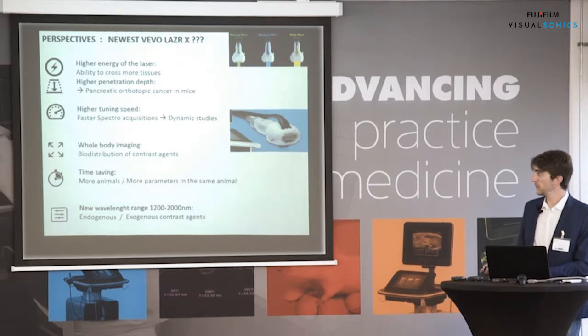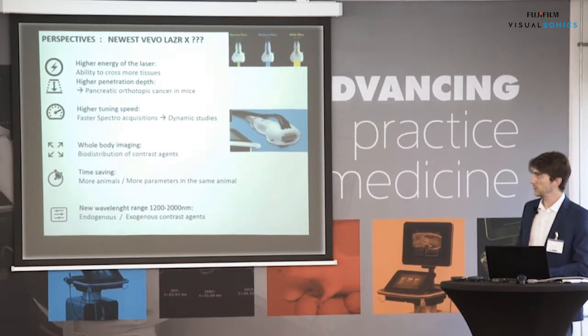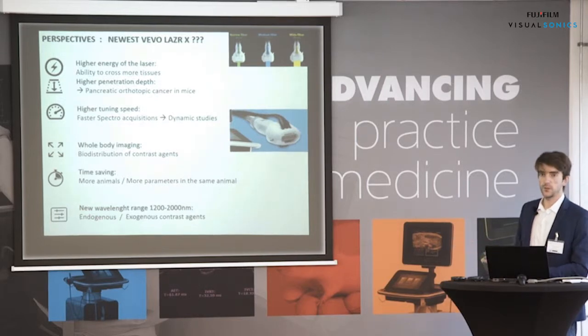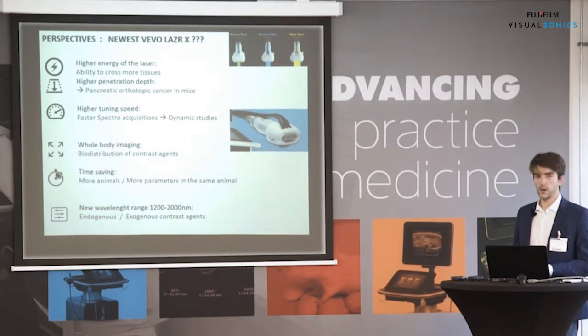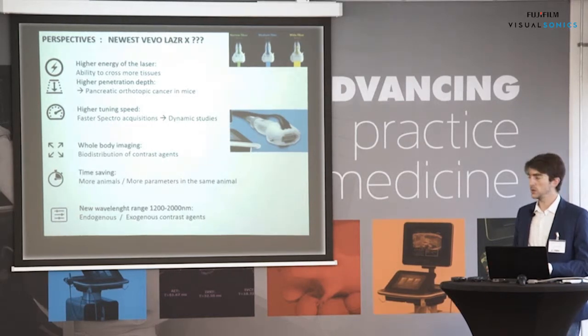And also for dynamic studies, because of the higher tuning speed, we could perform faster spectral acquisitions. But also regarding the biodistribution of contrast agent, thanks to the whole body imaging, it would have been easier to detect the biodistribution of labeled contrast agent.